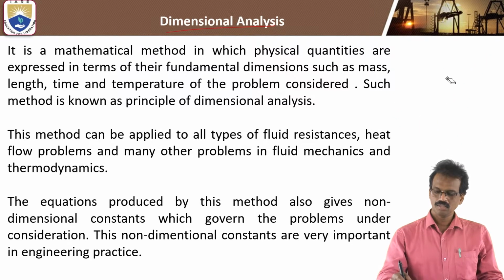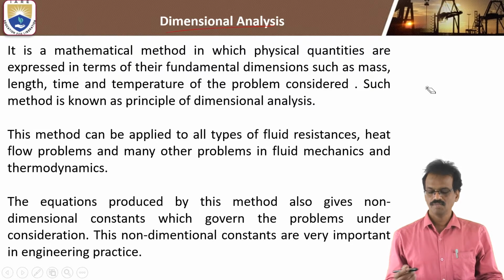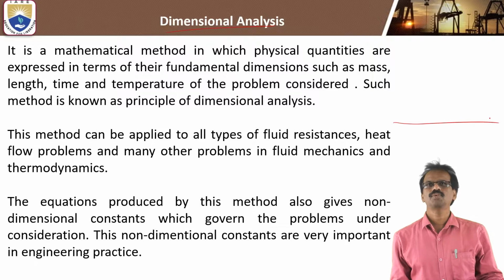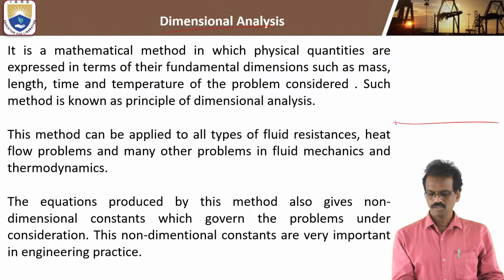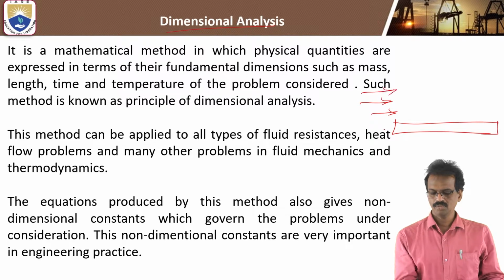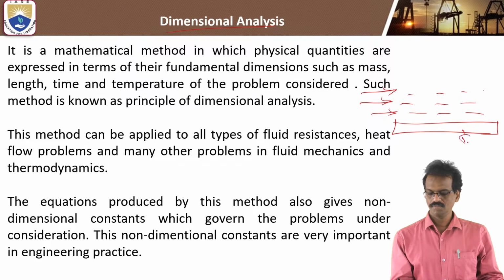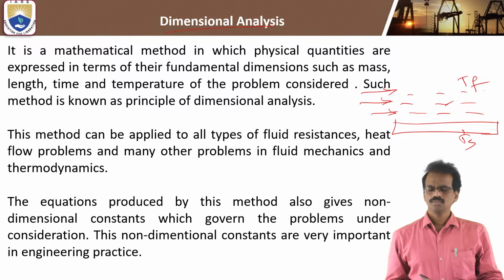in case of the convection process, convection means heat transfer takes place from solid to fluid or fluid to fluid. Suppose this is the solid surface, you know that the flow is like this. So fluid is flowing on the solid surface. The temperature of the solid surface is Ts and the fluid temperature is Tf.